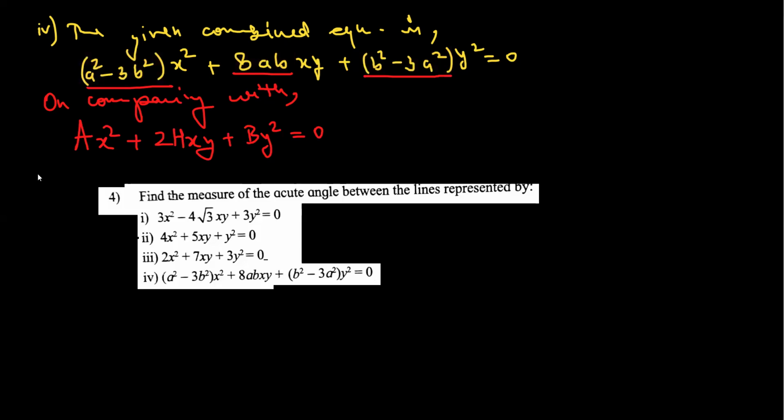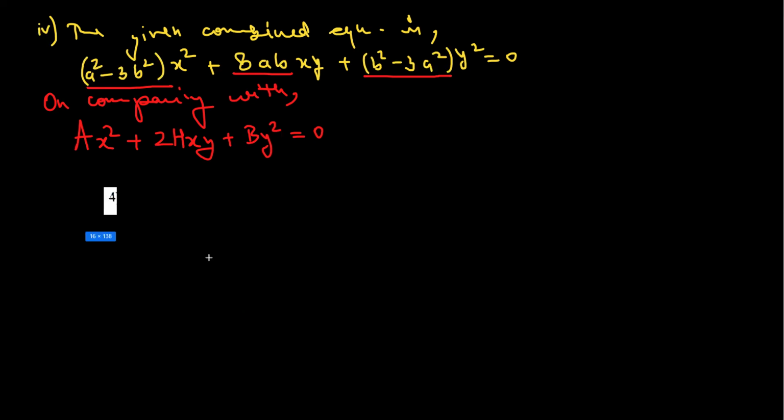So in order to avoid the clash of symbols, I will do this. So a square minus 3b square, 8ab, b square minus 3a square. So what I will do, I will now compare. And when I compare, what will I get?